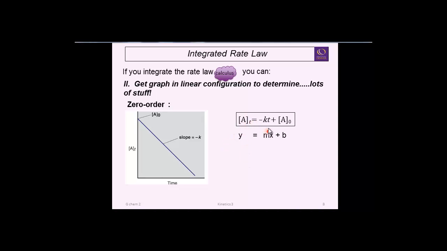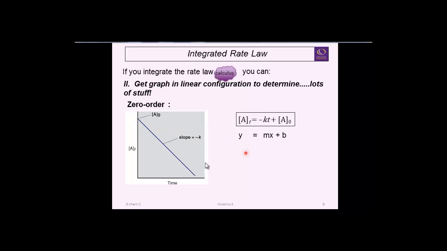There's your y, there's your constant slope, there's x that's changing, time, and plus b, so the y-intercept over here is actually the original concentration, and that makes sense, as the original concentration is at time 0.